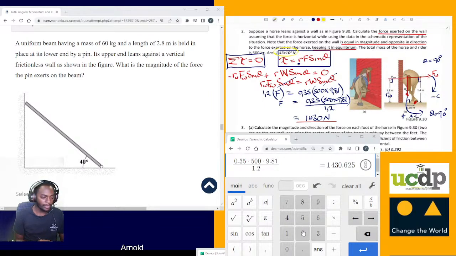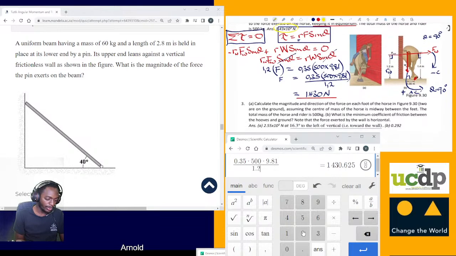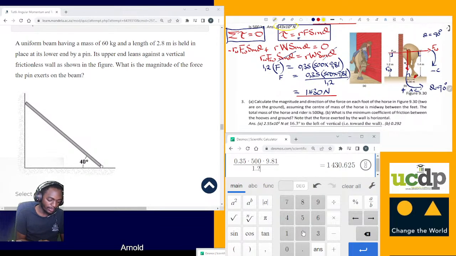Now this question continues, it doesn't end there. It says calculate the magnitude and the direction of the force on each foot of the horse who are on the ground, assuming the center of mass of the horse is midway between the feet.